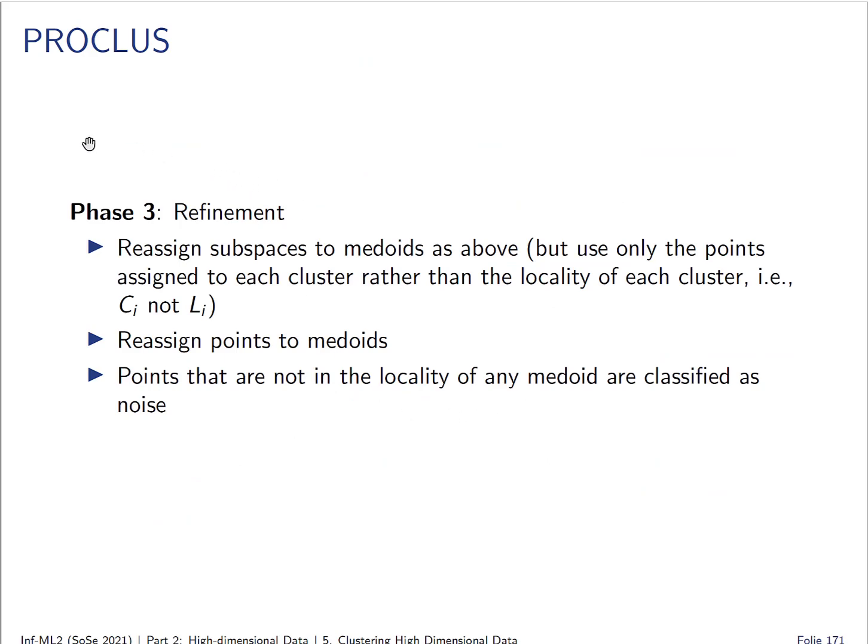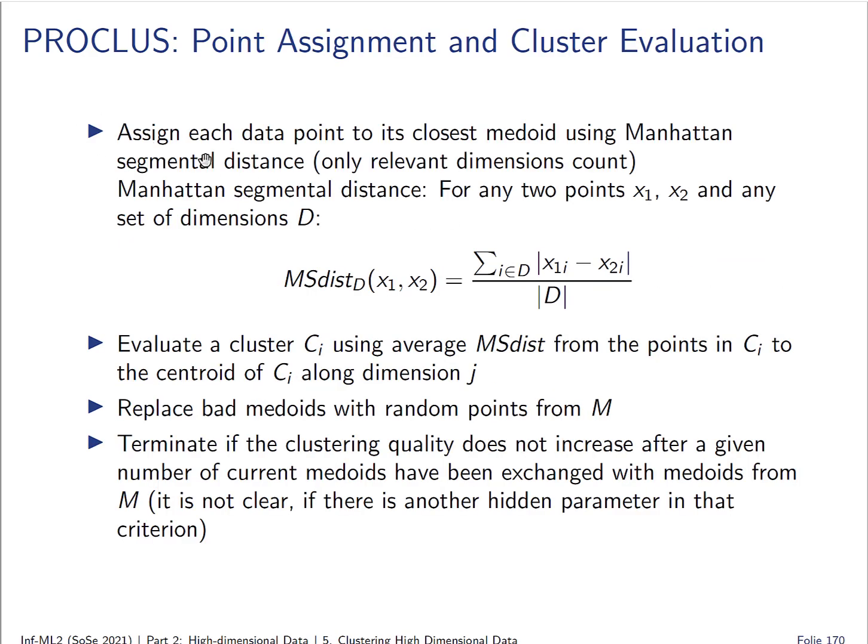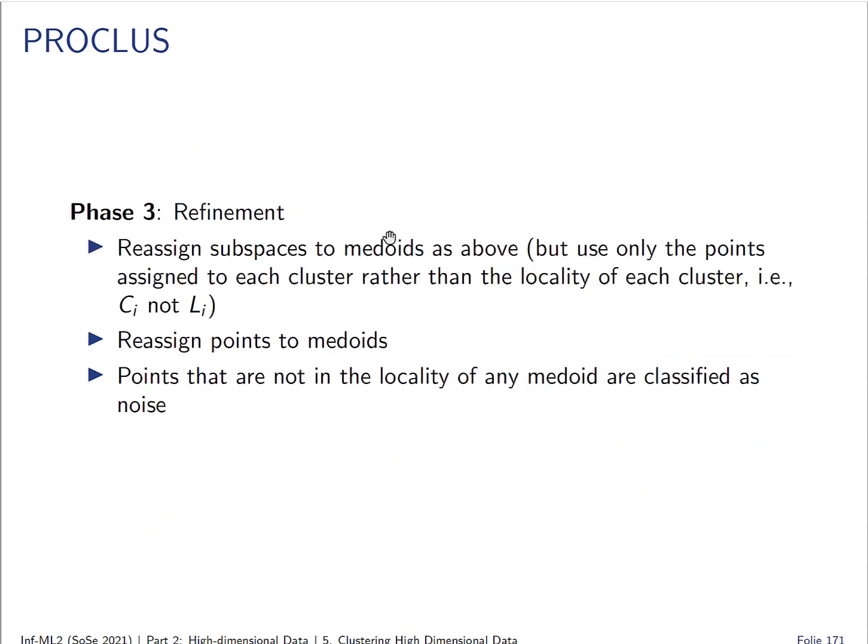Yeah, and then there will be a third phase. So that was the cluster assignment and feature relevance search, the iterative refinement of cluster memberships and cluster subspaces. And the third phase is again something different, which is a refinement.